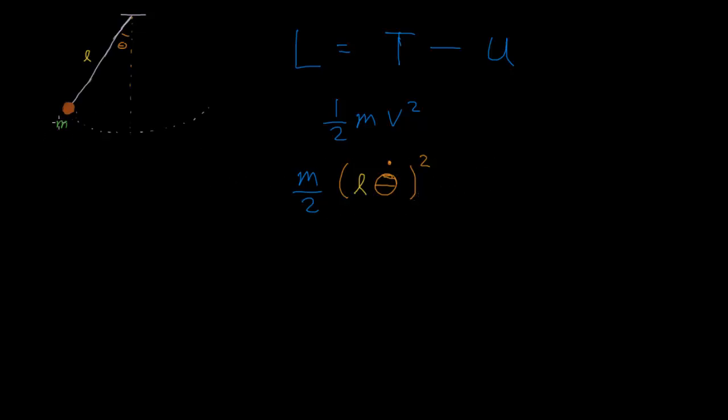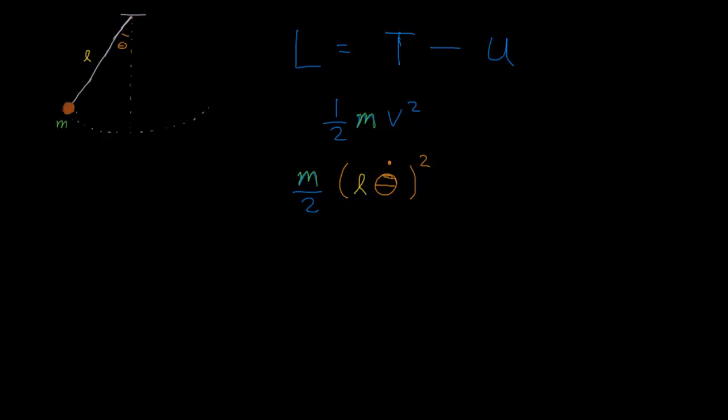Just to be consistent with my colors, I'm going to change these m's and make them green, like my picture here. So here's our T term. Now I'll write down the U term, the potential energy term.